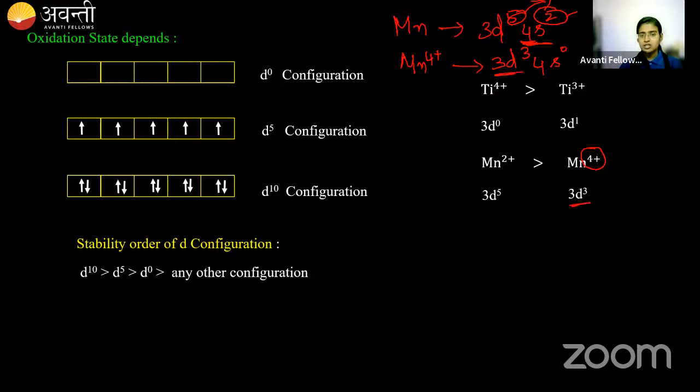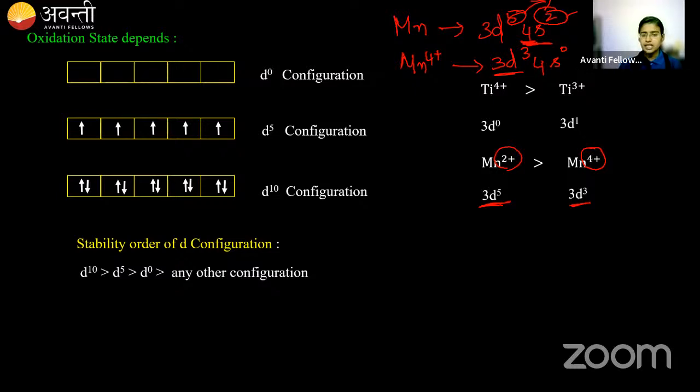So manganese 2 plus means you have to remove 2 electrons. Only 2 electrons have been removed from 4s, and in 3d we will have 5. So manganese 2 plus has the 3d5 configuration. Is this clear now, Sakshi? No doubt, right? Yeah. We are writing the electronic configurations like this only.